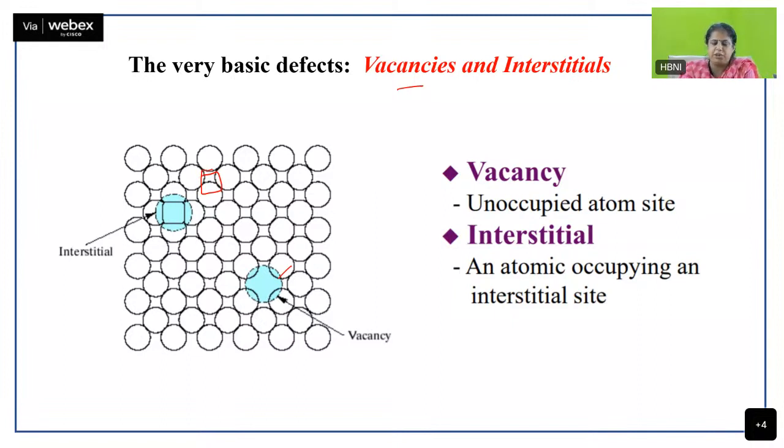So by strict definition, vacancies are unoccupied atom sites, whereas interstitials are atoms occupying an interstitial site.